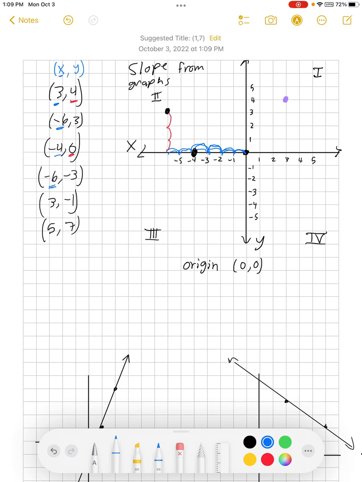Keep in mind that we're moving in a negative direction because we have a negative number there. Similarly, we're going to move in a negative direction because we have a negative number here. 1, 2, 3. I'm going to put a dot right there. Now, once again, we have a positive number, so we'll move in a positive direction. 2, 3. Then we're going to move in a negative direction, up and down, for the y value.